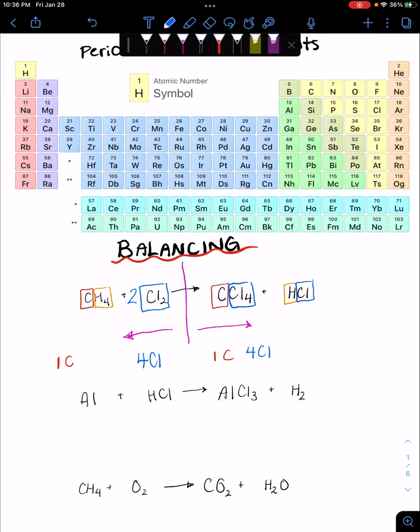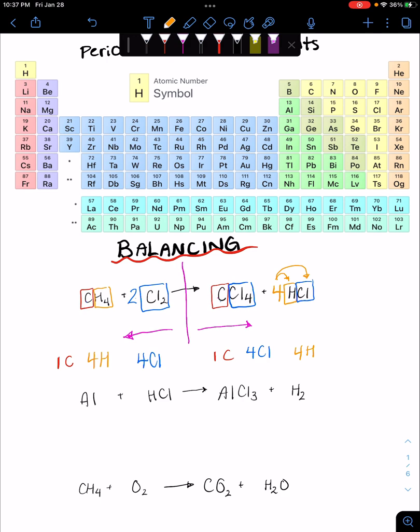The last one to balance is H. So we have one H on this side, but we have 4 H's on this side. So we want to do this with the minimal amount of steps possible. So how do we make this 4 over here? We're going to put, obviously, the coefficient 4 in front of the H. Now, what this does to this one, the coefficient also does to this one.